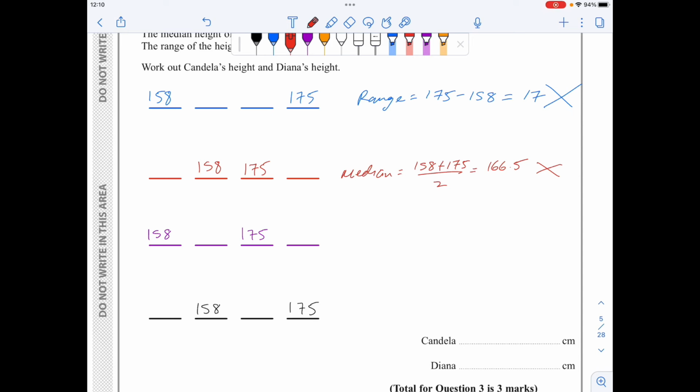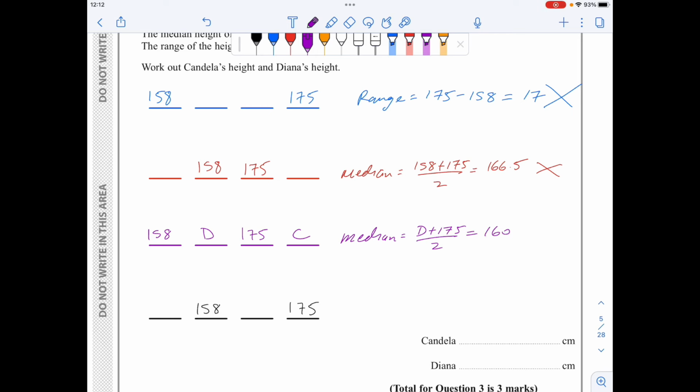For case number 3, I'll put a D here and a C. For Candela and Diana, I'm given that Candela is higher than Diana. Now if I try to find the median, I'll need to add D plus 175, over 2.